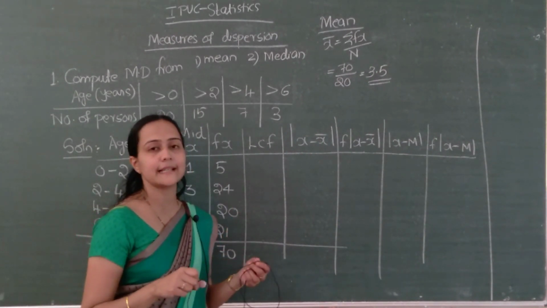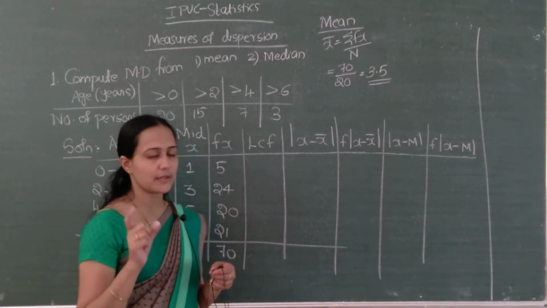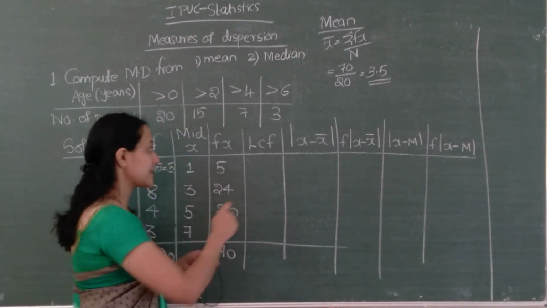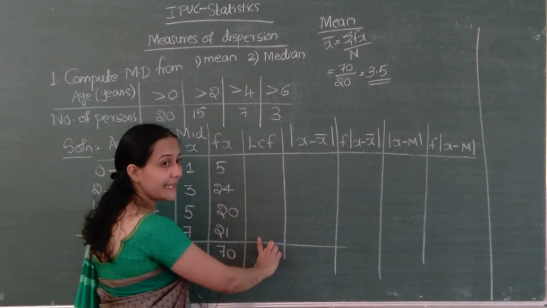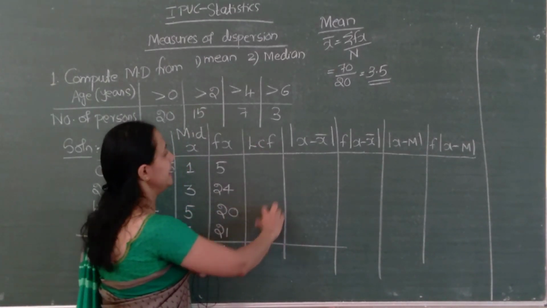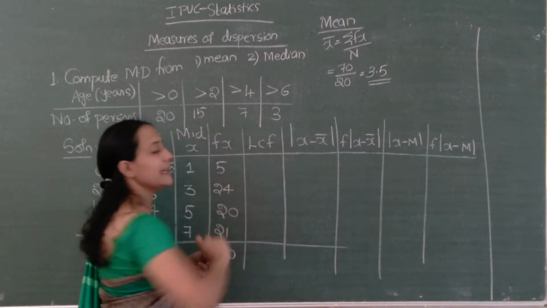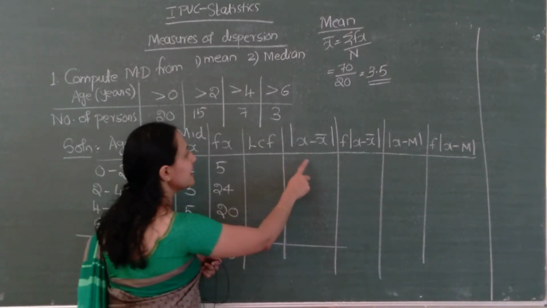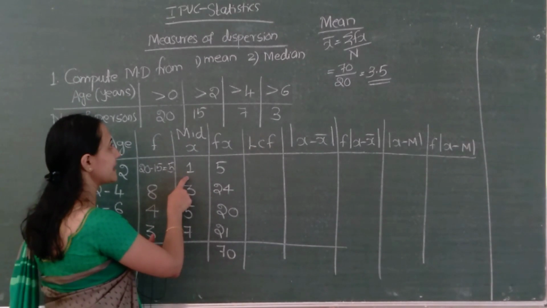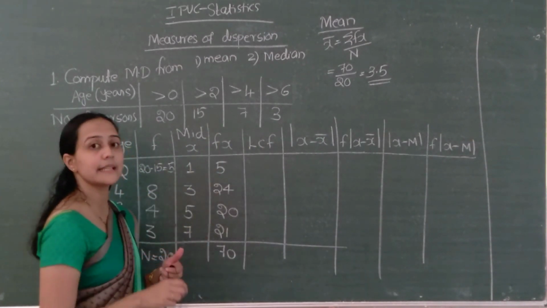We have to take absolute deviation from each observation, mod x minus x bar. This column and this column I will complete first. This one I will do later, it is for finding median. X minus x bar, x is mid x. 1 minus 3.5.